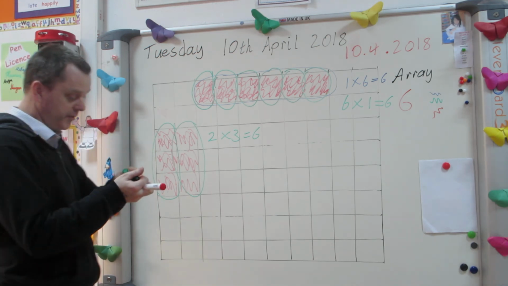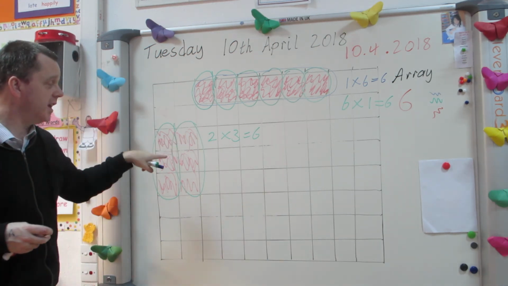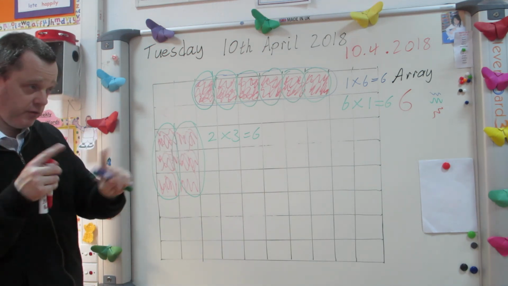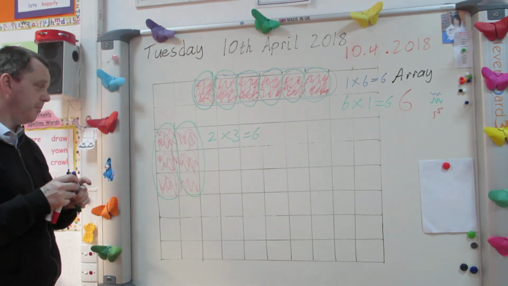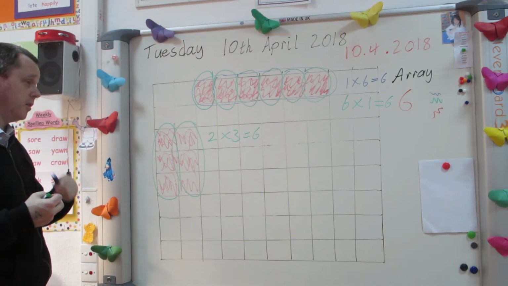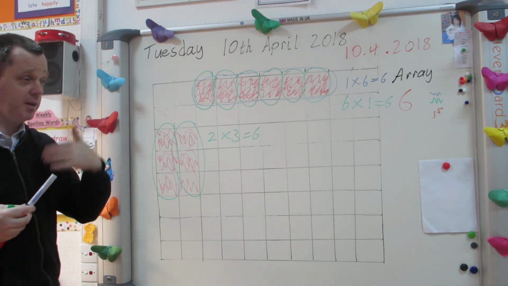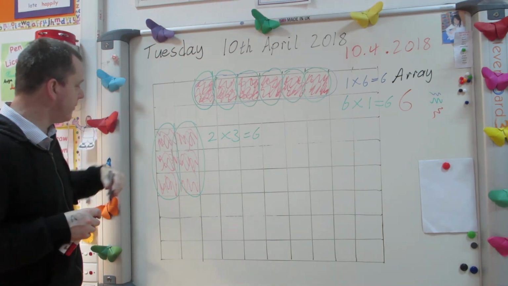So 2 times 3. Okay, what can I do this time? Using the same numbers, but doing inverse, switching 2 of the numbers over. Still making the same answer, and basically the same number sentence. So that was 2 groups of 3.